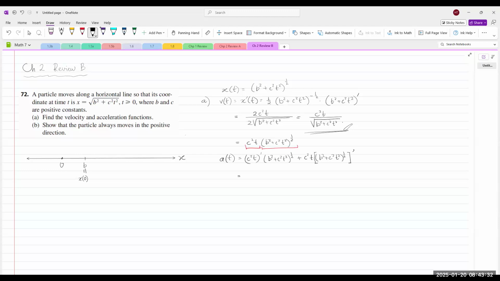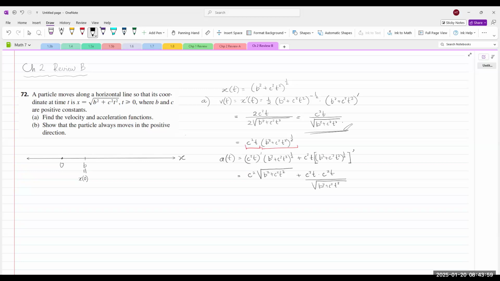So this will be c squared times square root of b squared plus c squared t squared plus c squared t times the derivative of position, which we had earlier, is c squared t over square root of b squared plus c squared t squared.